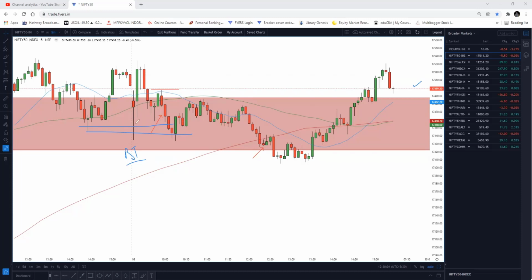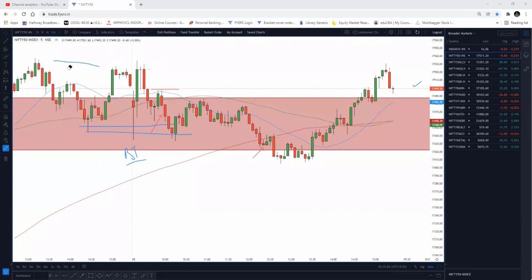So this means they created a support zone here, and then the next bar was a pretty strong bar. However, as we just saw in the hourly time frame, it reached the resistance zone. The sellers came and took the prices down.